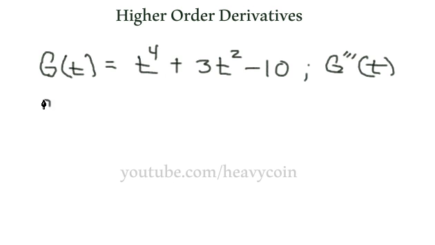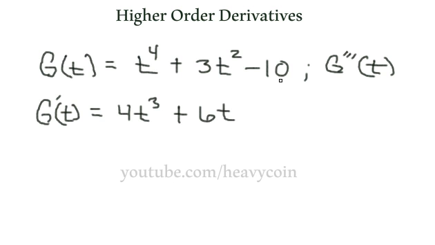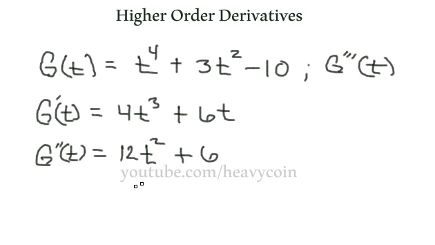So here we go. In order to do that, we've got to find the first derivative, and that's going to be 4t to the third plus 6t, and then of course the derivative of 10 is 0. Now we're going to find g double prime of t, and that's going to be 12t squared plus 6.